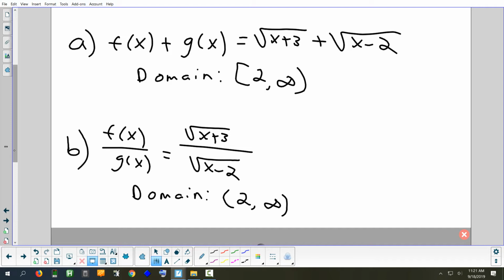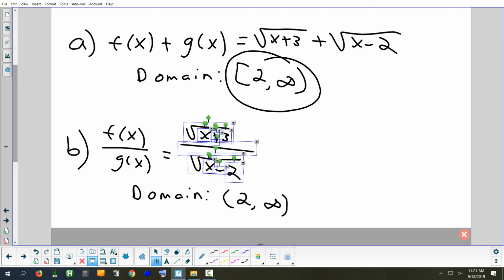Yeah? So, we already know from the problem up above that the numbers that work in both of these functions are from 2 to infinity. So we already know that from part A. Now in part B, I say to myself, okay, if I try to use this here, would it still work? I remember from the notes, with division, I have to be careful that I never divide by 0. So check the numbers in the domain and say, okay, let's try 2.